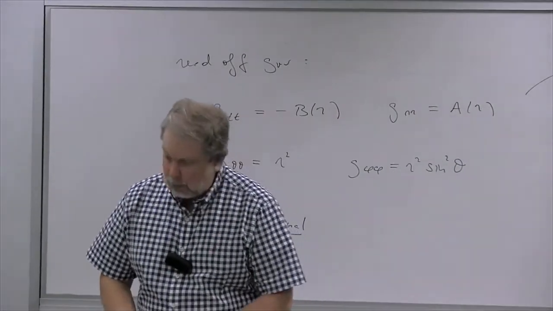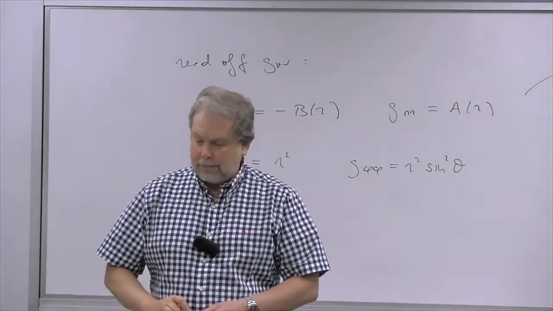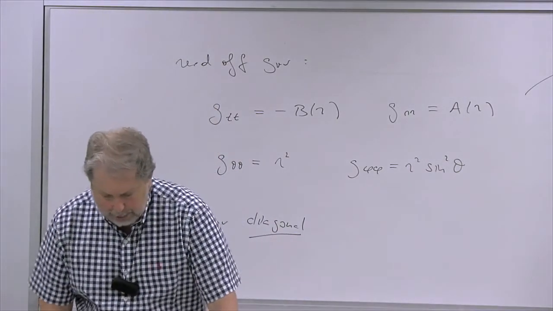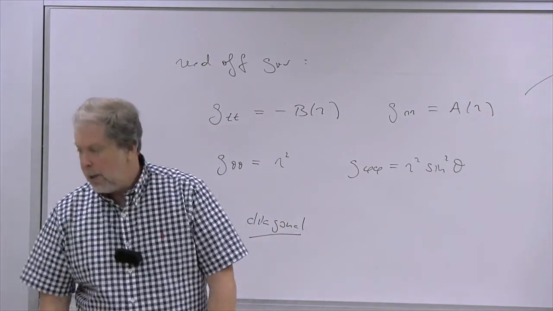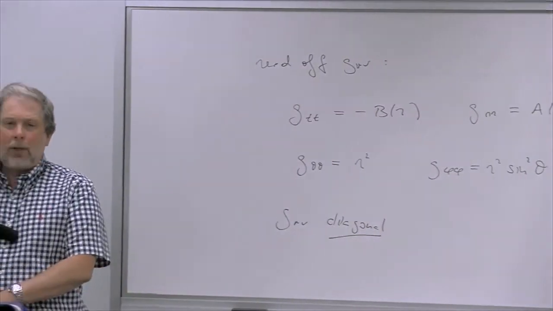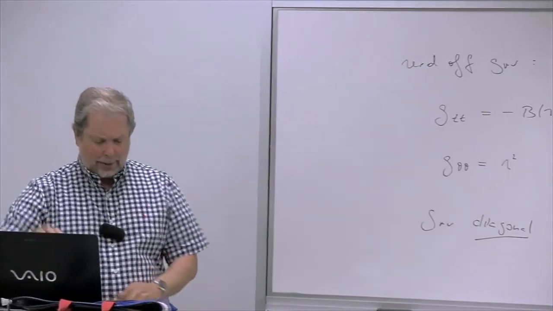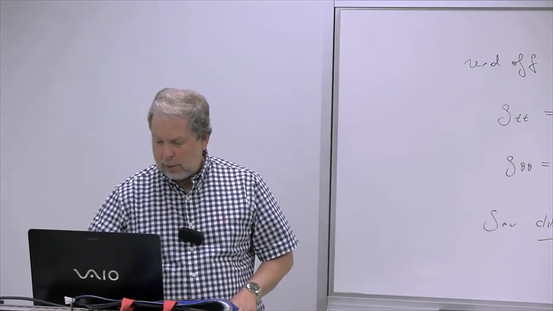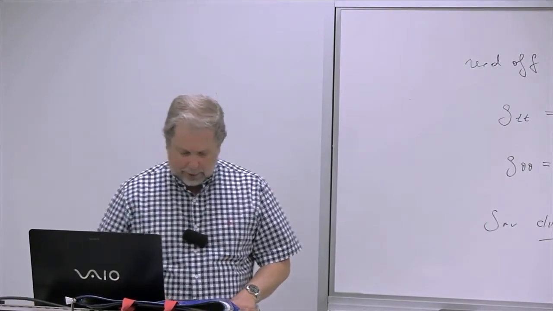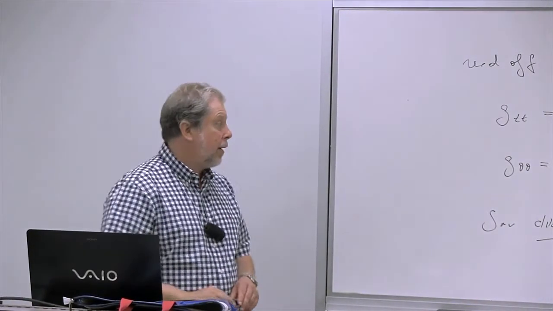So, well, this looks like a lot of fun. In this case, it's easy because the metric has such a simple form, and one can calculate all these components, but we're going to do it differently.